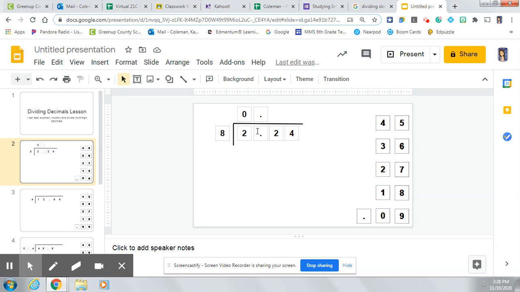So if we have a 2 beside a 2, we have 22. Now you have to ask yourself, can I multiply 8 by something to get close to 22? So 8 times what will get us close to 22? The answer is 2. So I'm going to drag 2 above the second 2 in 22, because 8 goes into 22 2 times. 2 times 8 is 16.